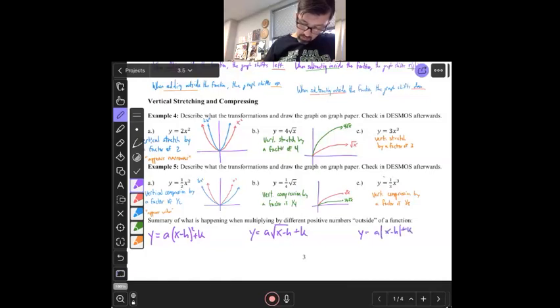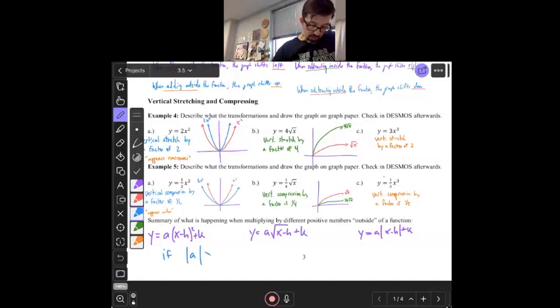So this would be part of our a value. The a value has multiple jobs. It can also control reflections, but what we're looking at here, with that number in front of the function, it's multiplying. We look at the absolute value of a, so its size, really, not if it's negative or positive, really how big the number is.